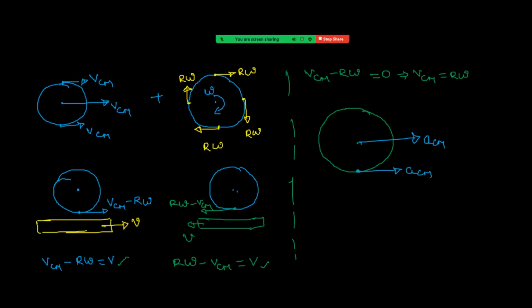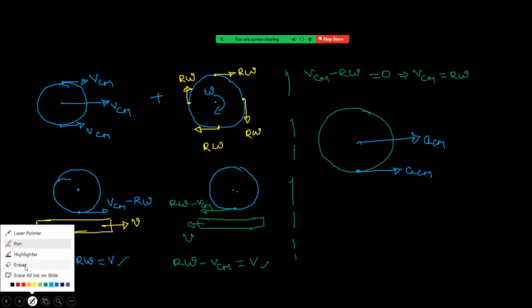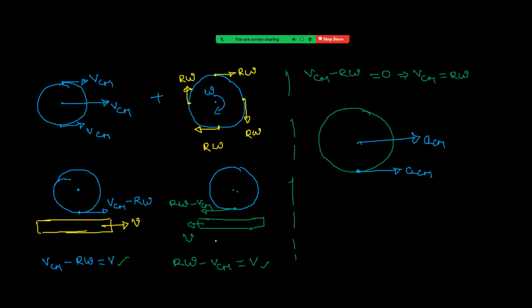Now, because of rotation, when the body is rotating, except the points on the axis of rotation, all remaining points follow a circular path, right? So because of circular motion, it has acceleration and that has two components. One is centripetal acceleration, and the other is tangential. Suppose this is the sense of rotation.